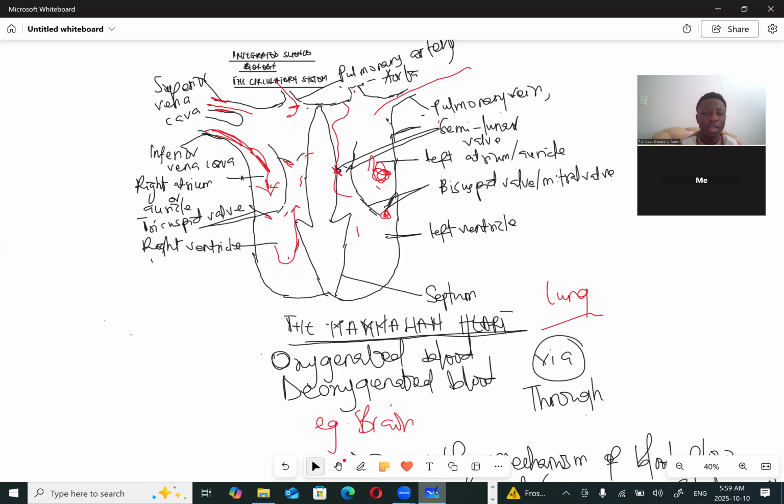Look at where the ventricle is and look at where the vena cava is. Does it receive the blood from there? No. It receives and pumps it from the right atrium.